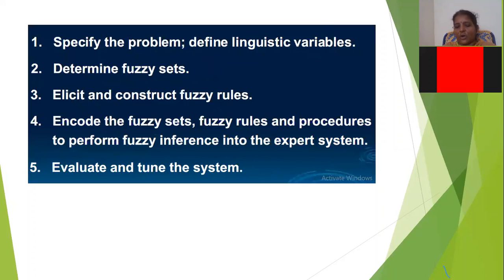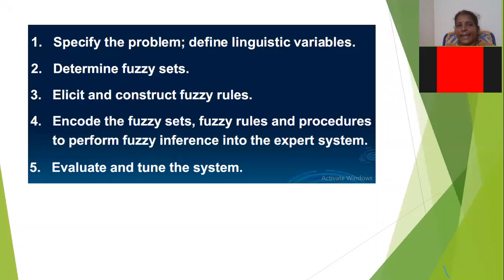So we shall see the step by step procedure for an example. First, you need to specify the problem and define linguistic variables. Second step, determine fuzzy sets.